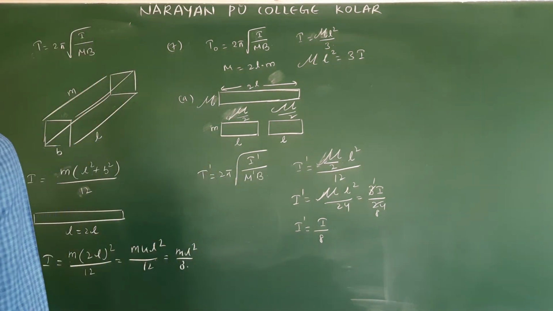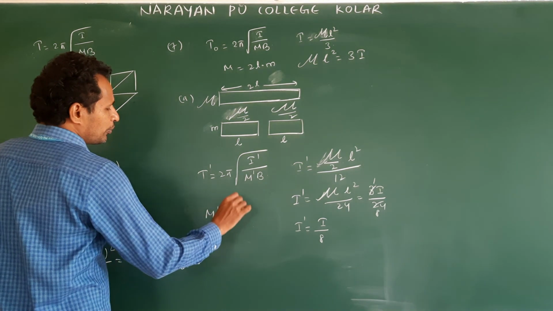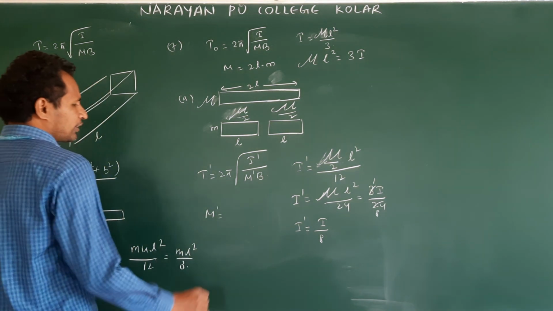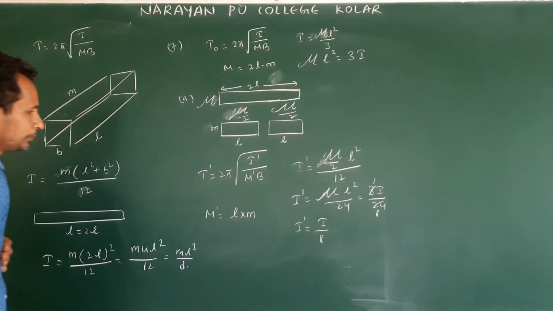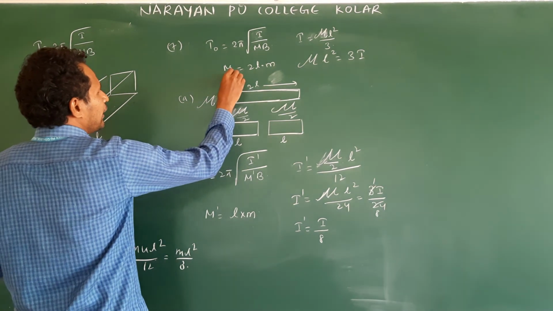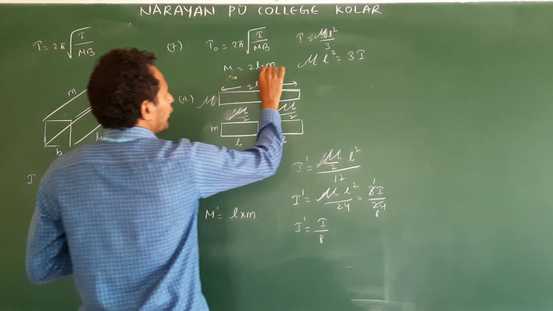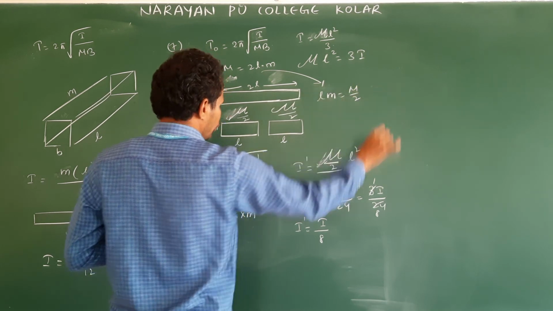Next, magnetic moment, we need to find M dash. M dash is equal to, magnetic moment formula is length into pole strength, L into M. Clear? From this, what happened? L into M is equal to capital M by 2.